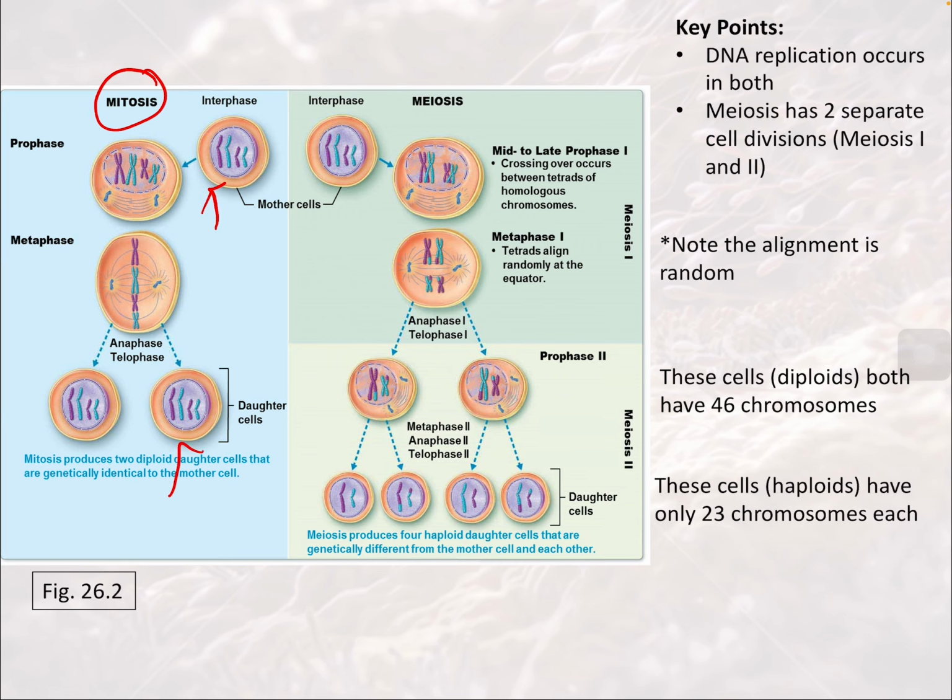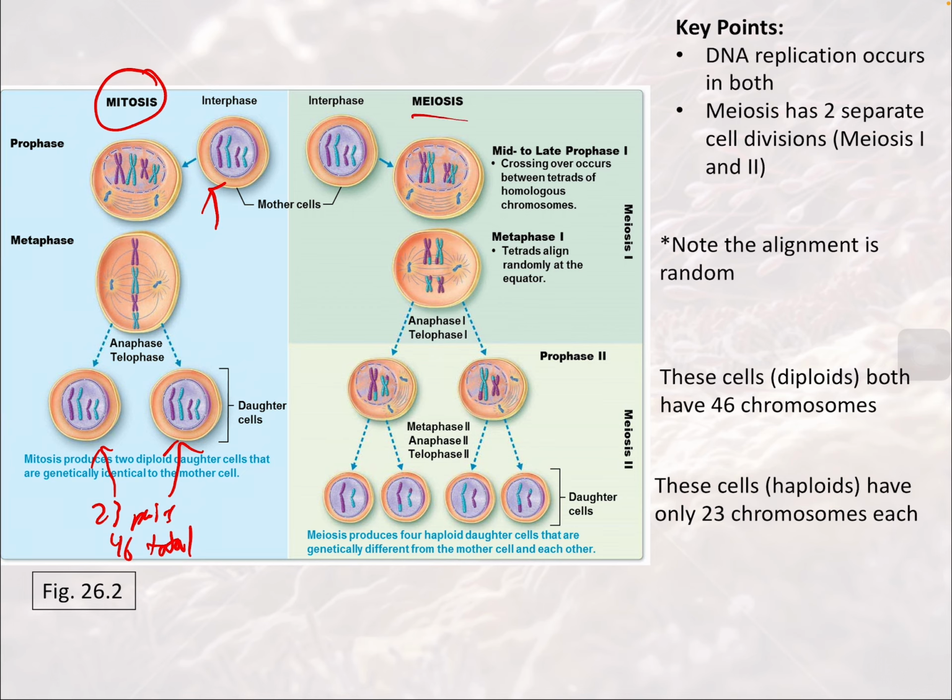So then when we get the two new daughter cells, each of those daughter cells have the full number of 46 chromosomes, or 23 pairs. Okay, so we got 23 pairs, or 46 total in each of those.